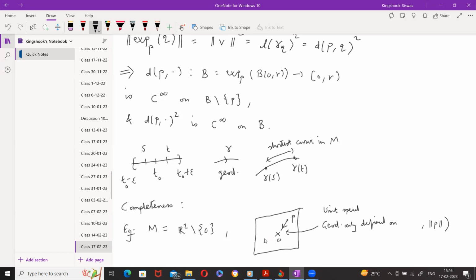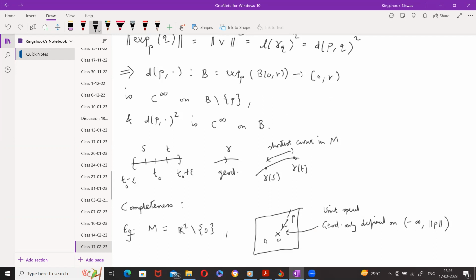And in backward time, it's defined for all time. Backwards, you can go indefinitely, but forwards, you cannot go further, right? Because this origin does not belong to the manifold. So the geodesic will only be defined up to this time, right?